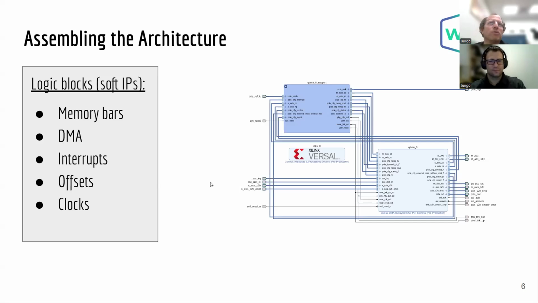So we need to make an architecture in order to program the device. It doesn't come programmed out of nothing. You need to build some kind of hardware design. So how do you do that? Well, usually you take logic blocks, which are these squares, and you connect them to each other and configure them with your vendor's IDE.